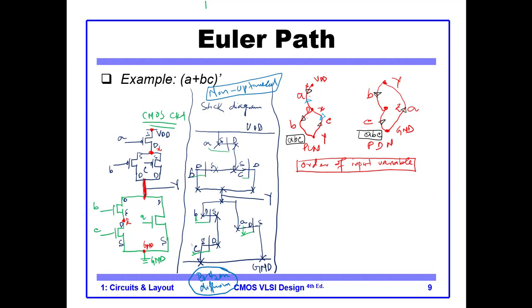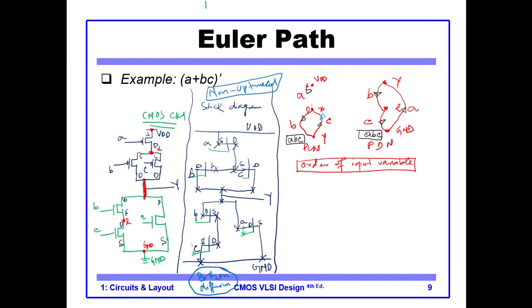Now when I go here, I have to come back again. Okay, so this is not a correct path. Remember, one of the rules was that you can visit a node multiple times, but you cannot visit an edge multiple times. So I cannot go from C to A and then come back, because in that case the edge A will be visited twice.